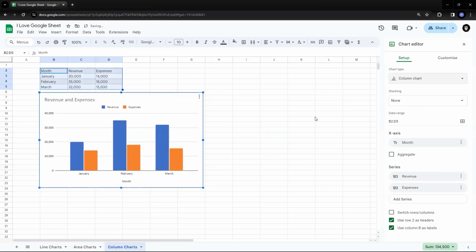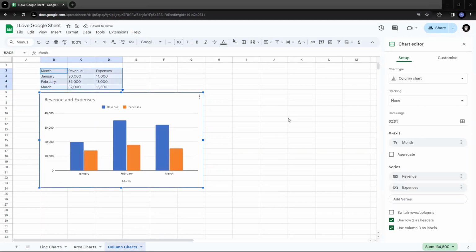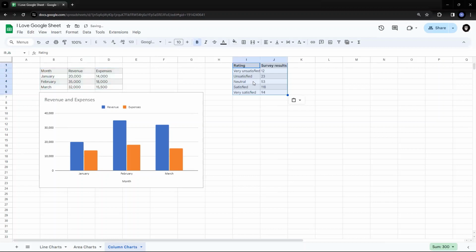Let's try to create one more chart which would show only a single column in terms of how many surveys were very satisfied, unsatisfied, to understand the sentiments of customers.